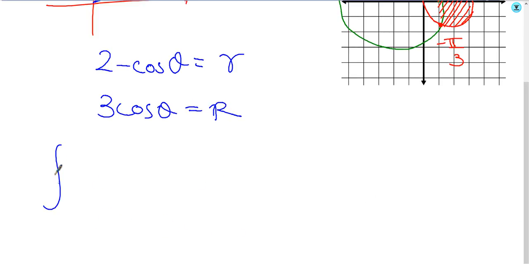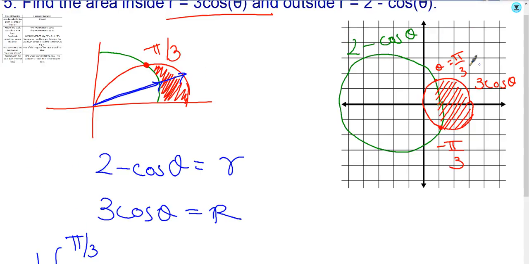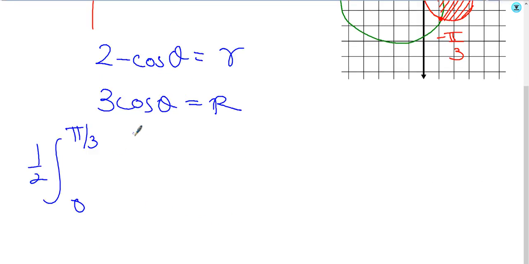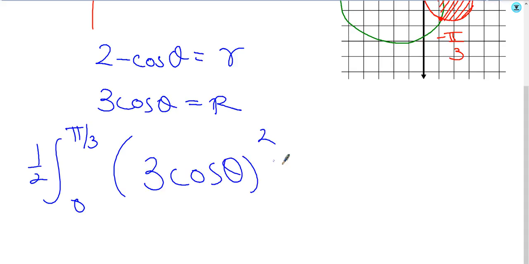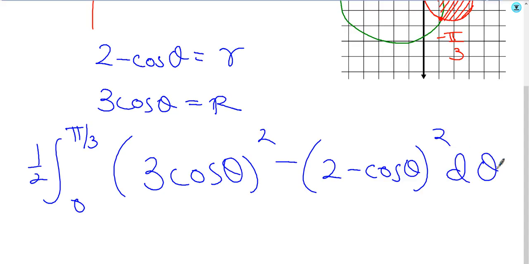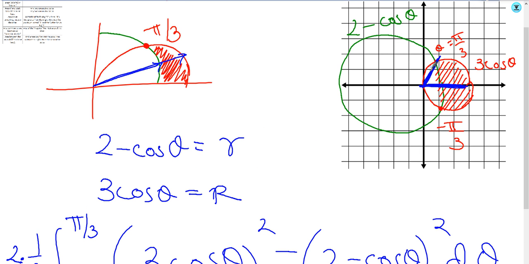So this is going to be 1/2 the integration from 0 to pi over 3, from 0 to the point of intersection, because that's where all the area is, of the big R squared minus the small r squared d theta. I'm going to multiply that by 2, and that will get my answer, because that is just this, and I need to double it to get that.